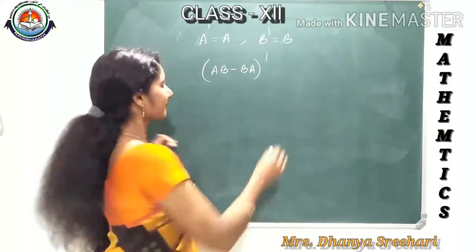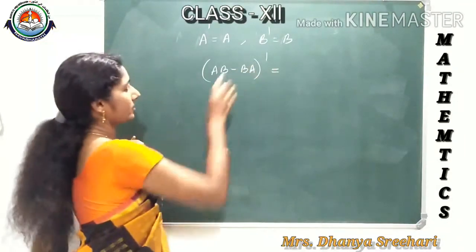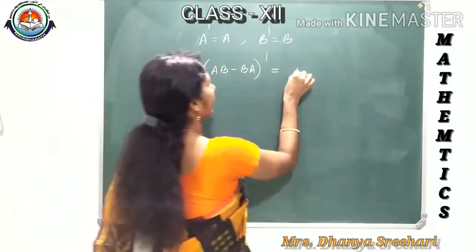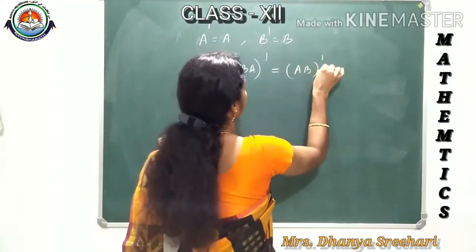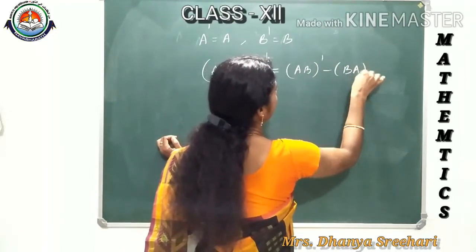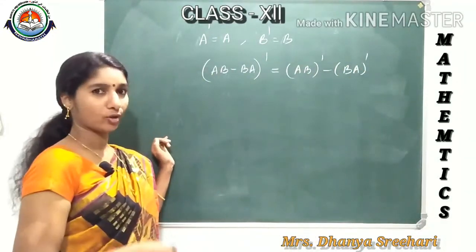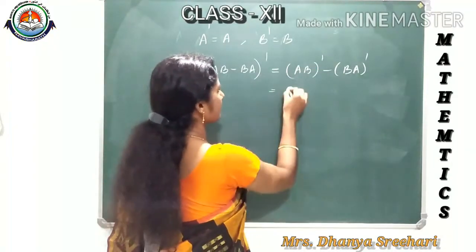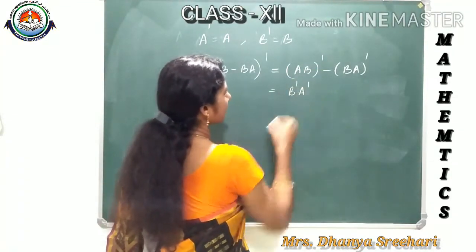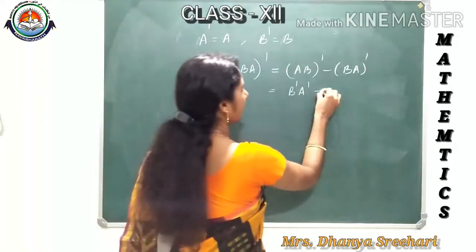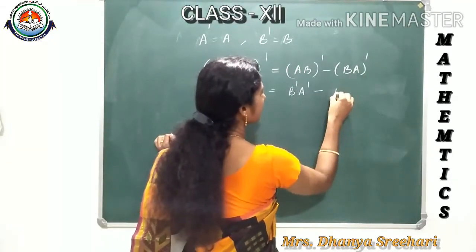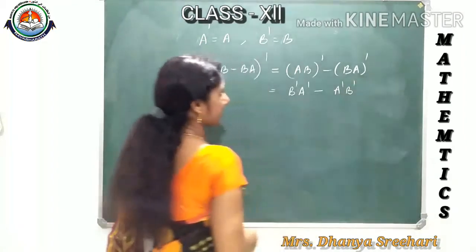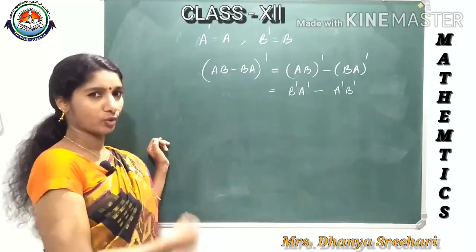Transpose. AB minus BA all transpose is equal to AB transpose minus BA transpose according to the properties. And what is AB all transpose? That is B transpose A transpose, minus BA transpose, which means A transpose B transpose. We know its properties.